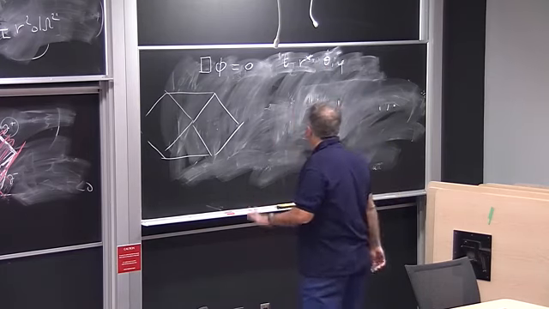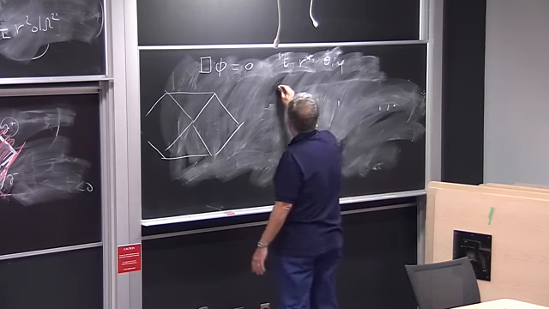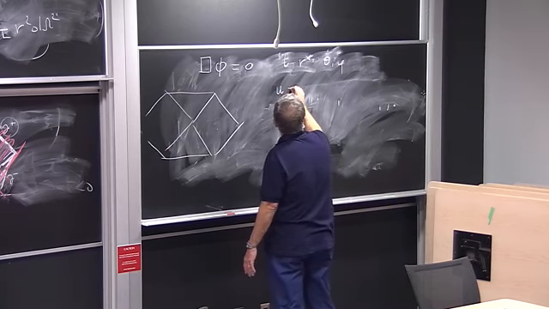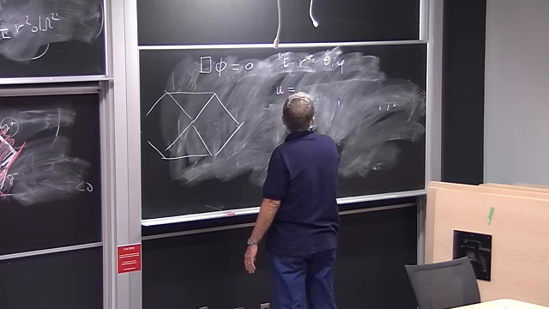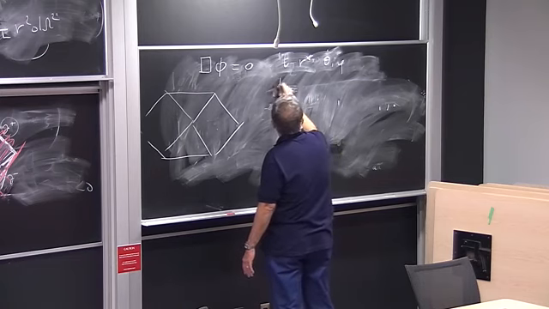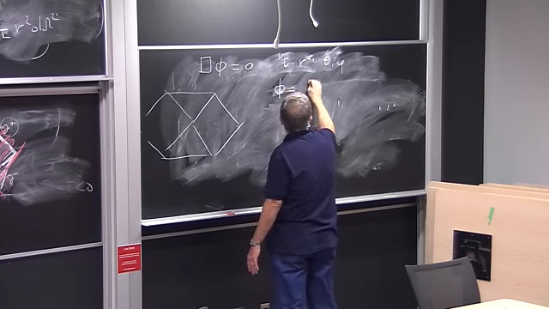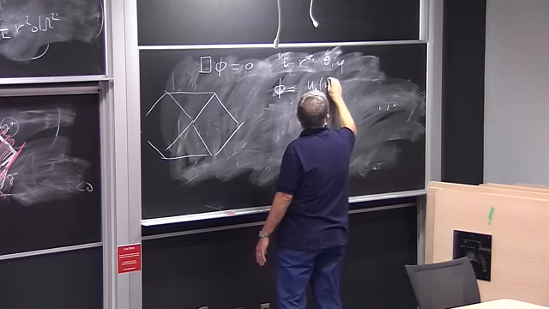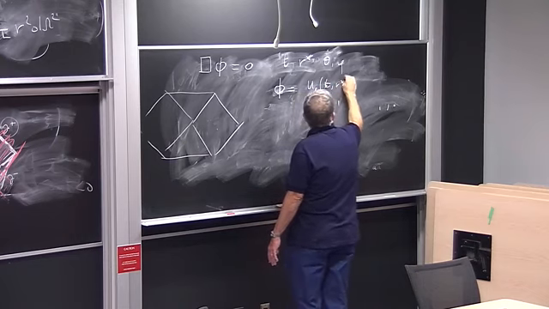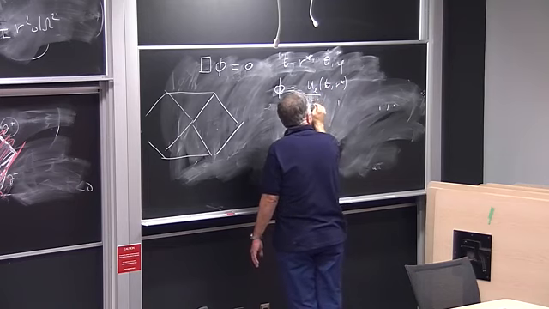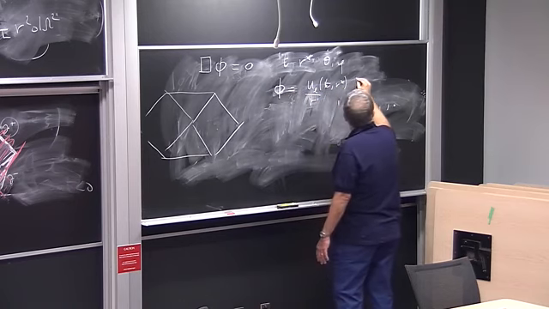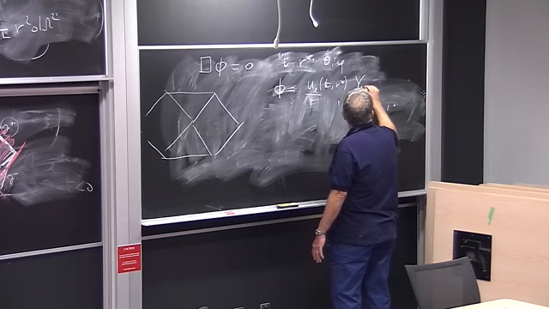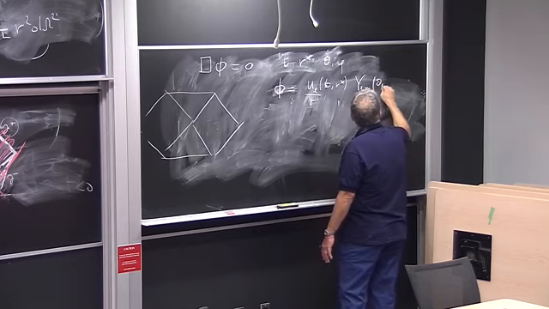If we do this, we will see, and we suppose that phi has the following form, the modes are of the form U_L of T and R star over R, times Y_LM of theta and phi.